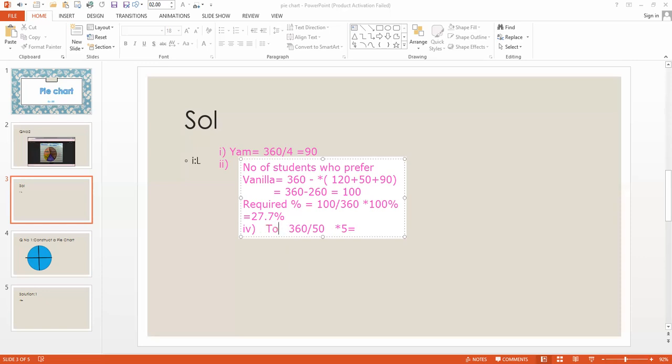So you find total students by dividing 360 by 50 and multiplying it by 5. And how many students are there in the class? 36 students.